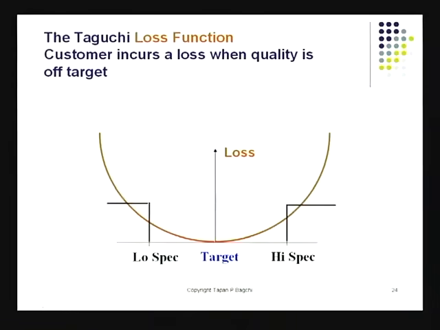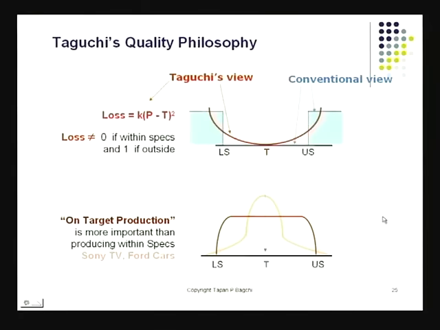As if I am going to be equally happy with a size 40 shirt or a 42 shirt or a 44 shirt. That's not true. I am happiest only at size 42. 40 is no good for me, 44 is also no good for me. So my satisfaction is highest when the performance delivered is right on target. This was realized by Taguchi. Taguchi also said something more.